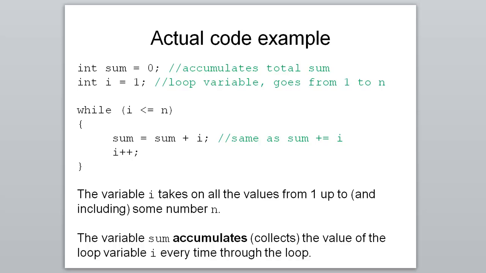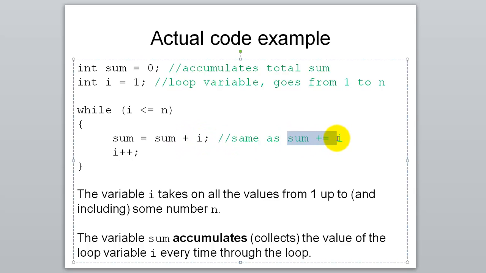So what does that look like in real code? We have our sum variable set to equal 0. We have a loop variable i set to 1, and we want to run this while loop as long as our loop variable is less than n, or 632, whatever number is our maximum value. And each time we run through this, for each iteration of this while loop, we're going to increase the amount of sum, the value in sum, by i.